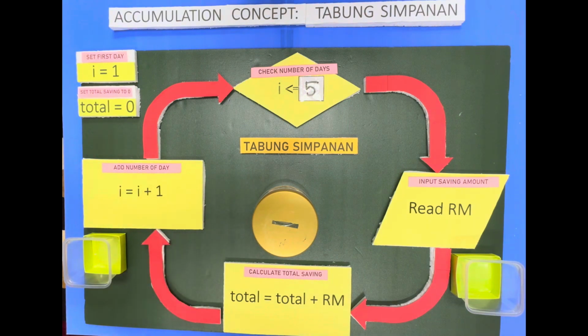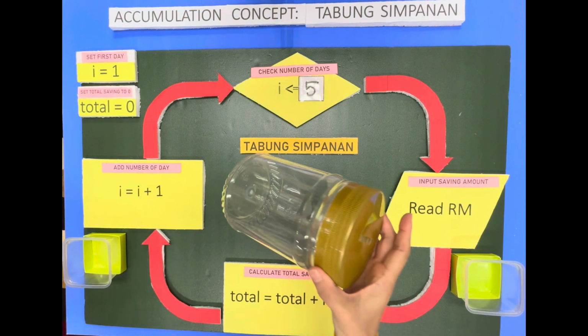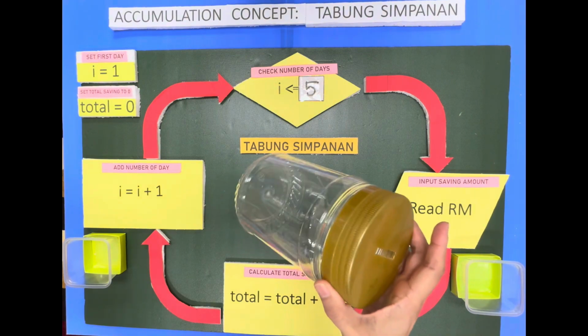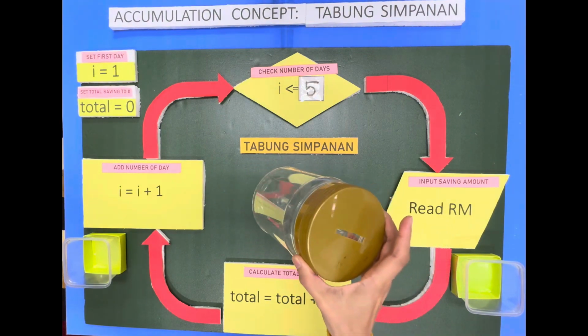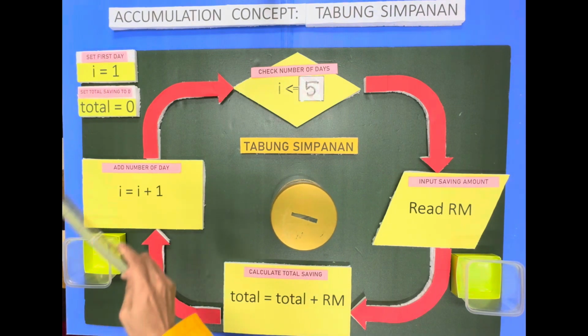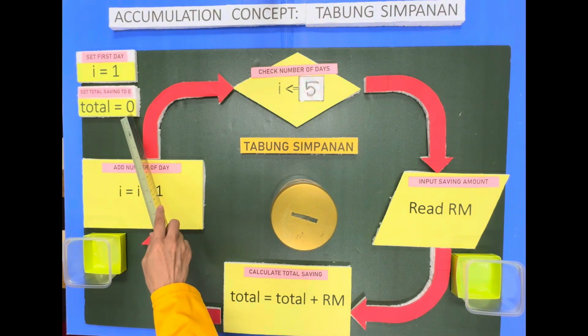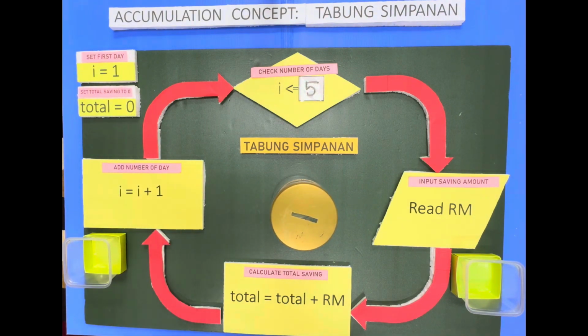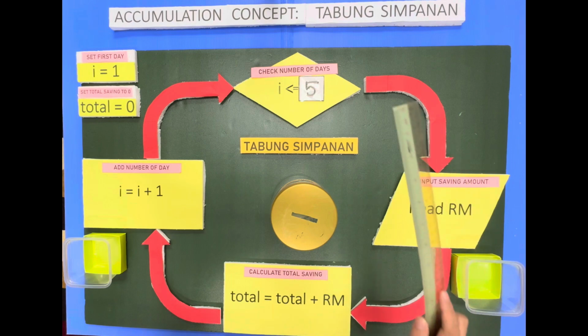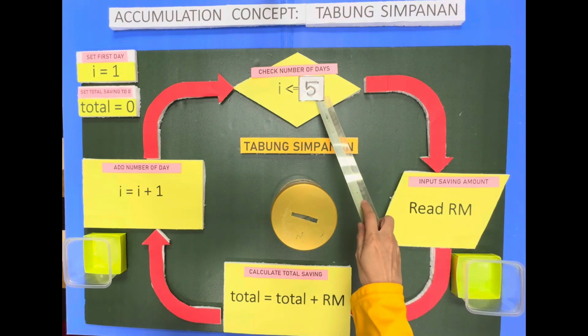So then we look at tabung simpanan. This is our tabung. If you see, there's nothing inside the tabung, that's why we start with our variable total at 0. Now let's check the number of days as the start of the accumulation.